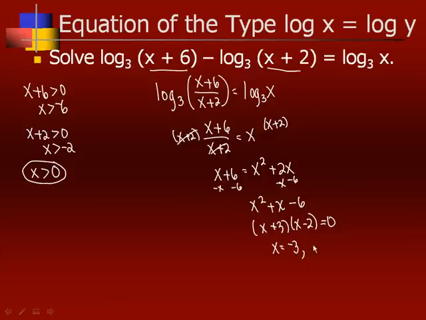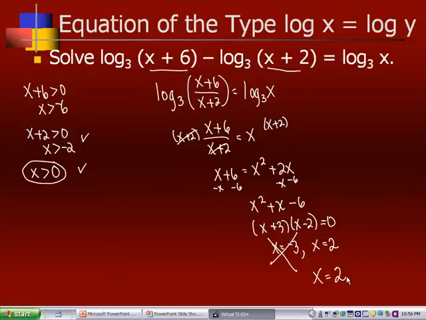So we end up with x equals negative 3 or x equals 2. But x equals negative 3 is not included in these domains. Therefore, we throw it out, so our only solution would be x is equal to 2.